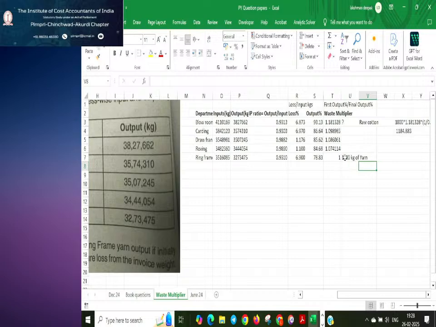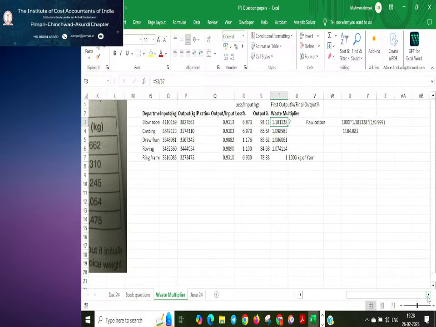Usually we can do 1000 into the waste multiplier, but we have to account for the normal loss. In normal loss, what do we put in the denominator? How much ever the good units are, we charge that against the waste multiplier. Yes, that will become the denominator. So the denominator is basically 0.997, because you remove that 0.3 percentage moisture. 99.7 percentage plus 0.3 will give you 100 percentage.